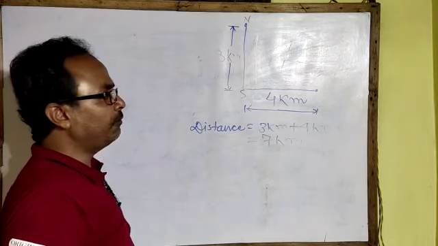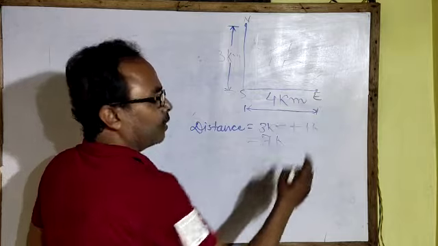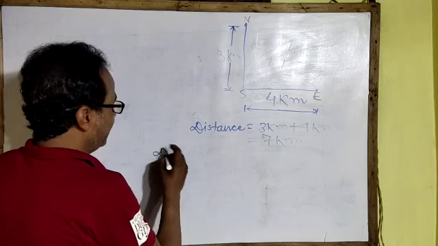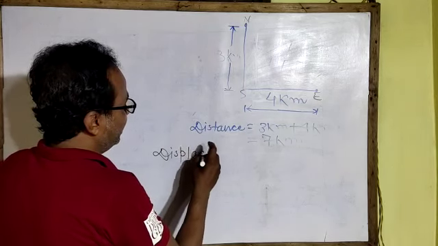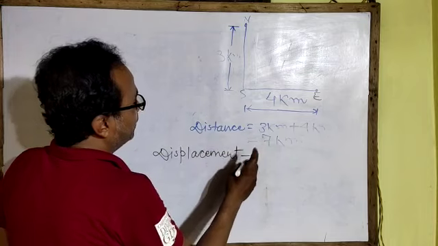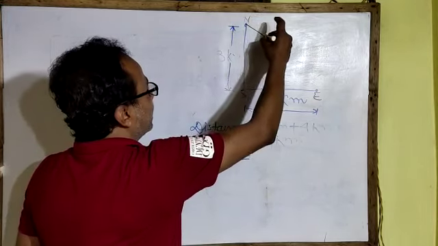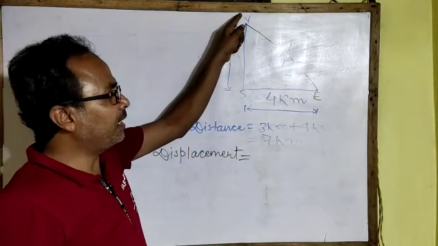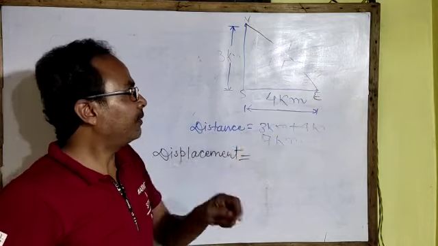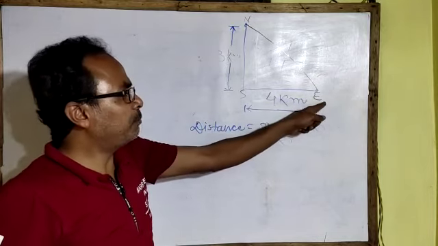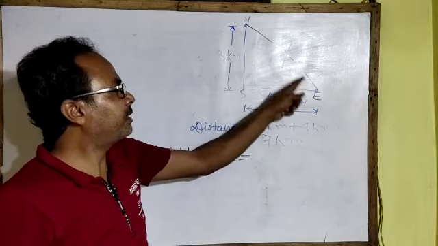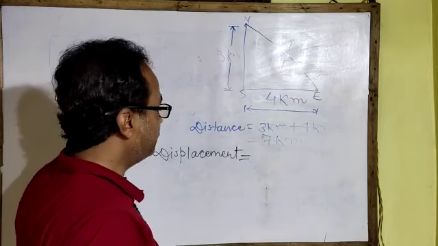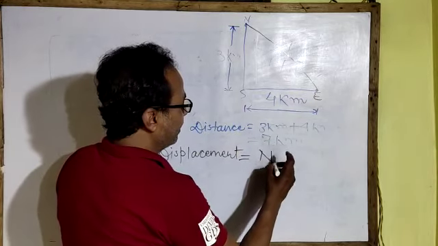Now if we have to find out the displacement, this is the initial position N and this is the final position E. The length or distance between the initial and final position is the displacement, so displacement here is NE.